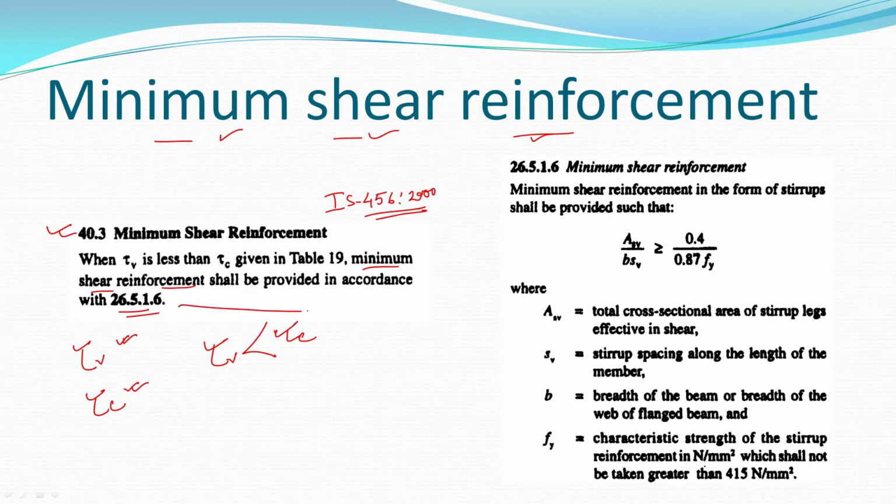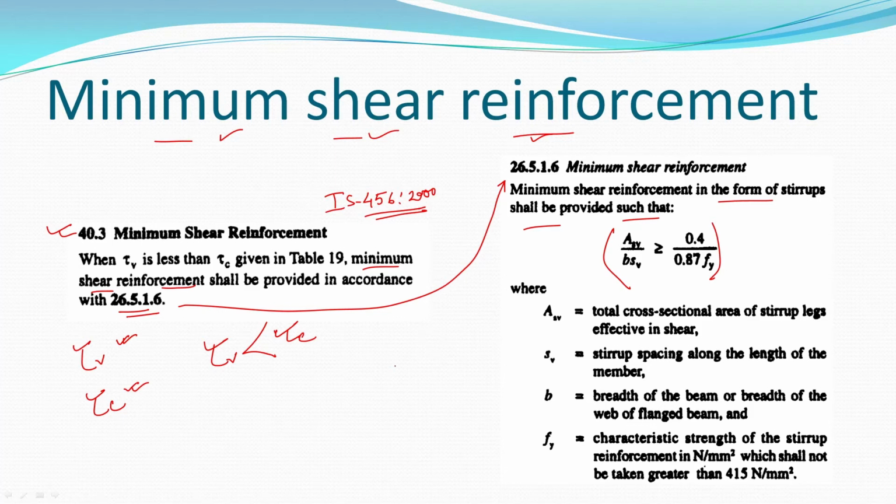Look here, I have already given the 26.5.1.6 clause over here. As per this clause, the minimum shear reinforcement in the form of stirrups shall be provided such that Asv by b into sv is greater than or equal to 0.4 by 0.87 into fy. Okay, where Asv is the total cross sectional area of stirrup legs effective in shear.